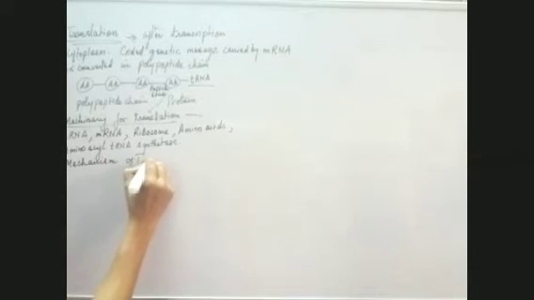Now, what happens? What is the mechanism of translation? We start with the mechanism of translation, how this process is carried out. We are doing the process of translation during which the coded message on messenger RNA is converted into a polypeptide chain.